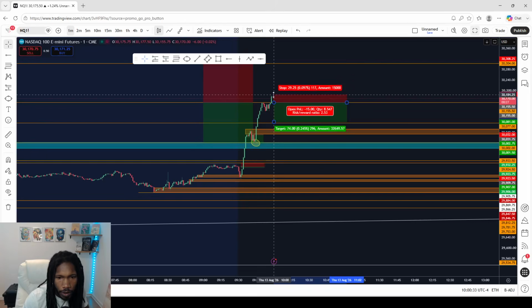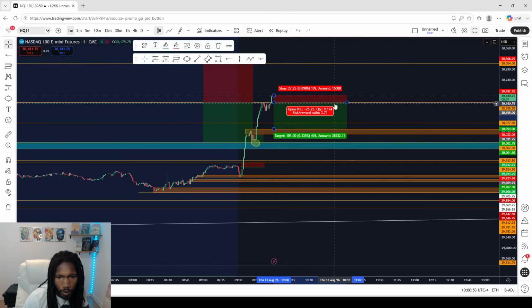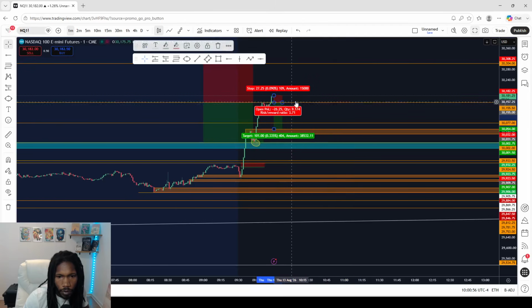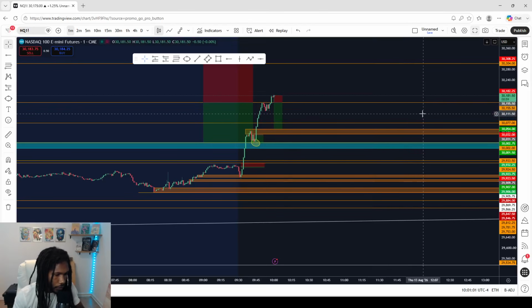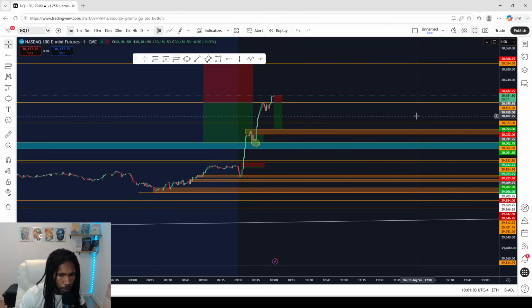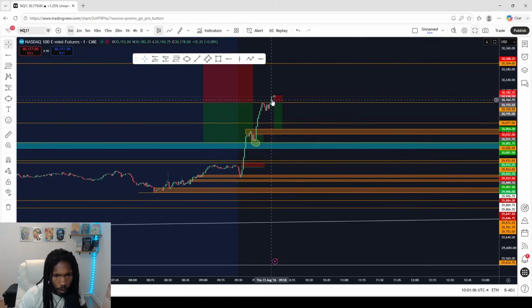We can get a break and a retest of that with, let's say, the stop loss at that high for 109. But I would want to take it down to the top of this zone right here, 404. Yeah, that's what I'm looking for. Something like that. But we need price to break down, break below, and retest that area.